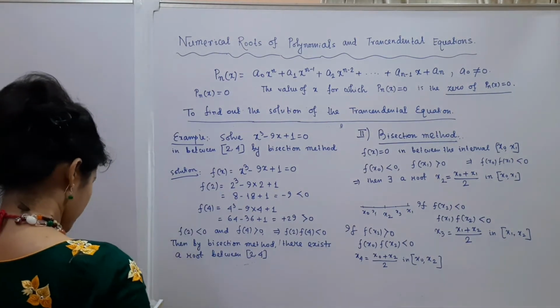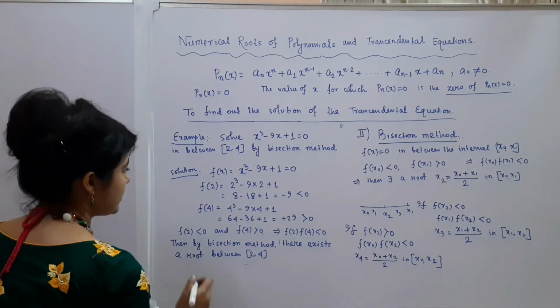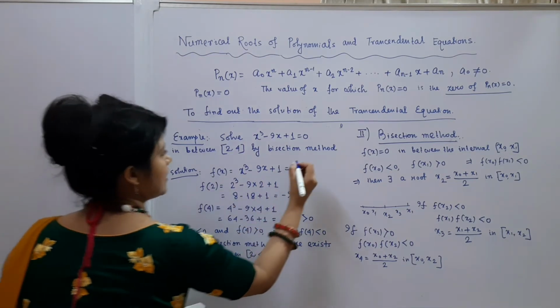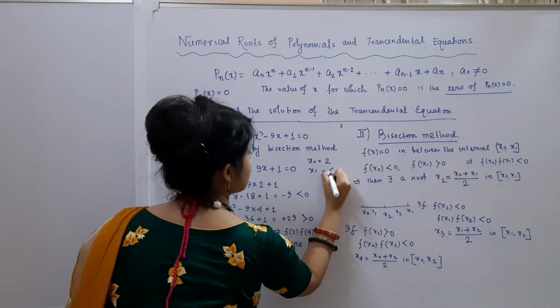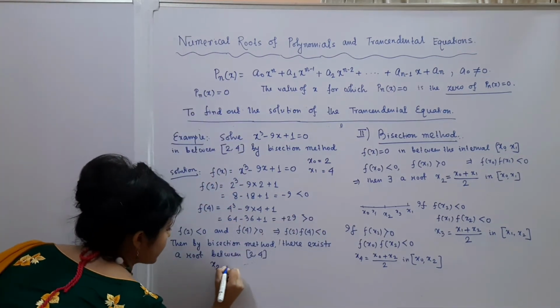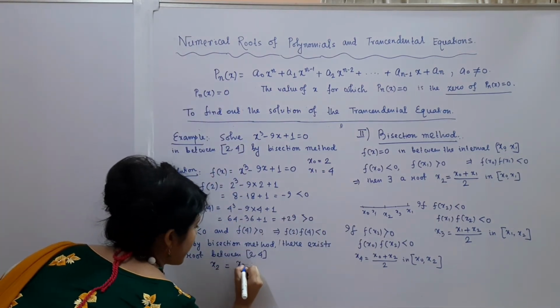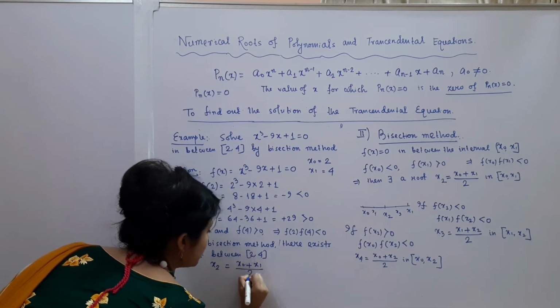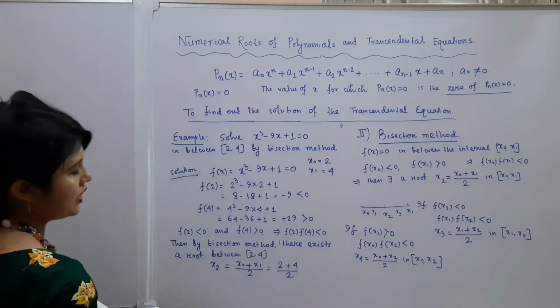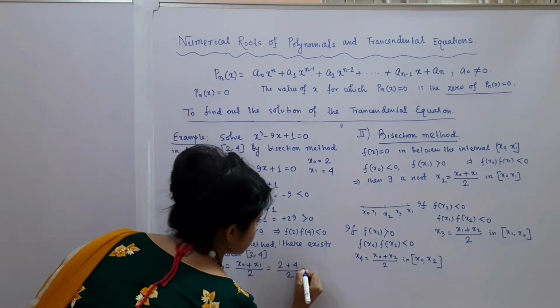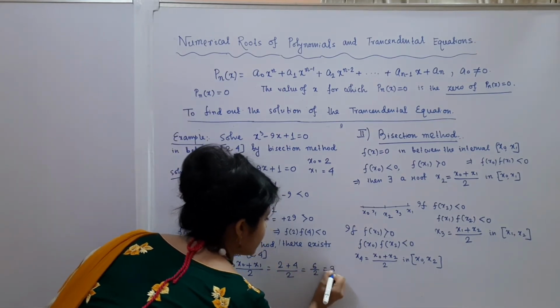So x0 is 2 and x1 is 4. So the next root is x2. So x2 is x0 plus x1 by 2, and therefore 2 plus 4 by 2. So this shows that 2 plus 4 by 2 is 6. So 6 by 2 is 3.